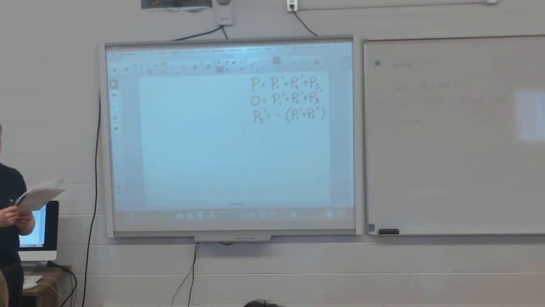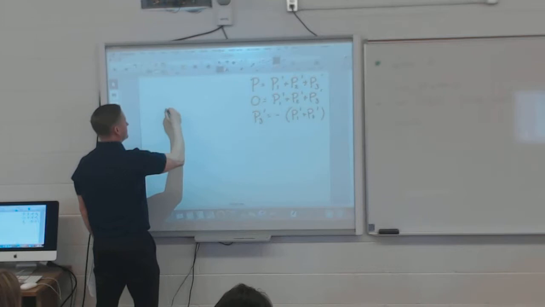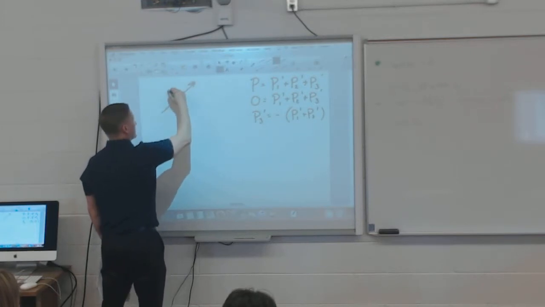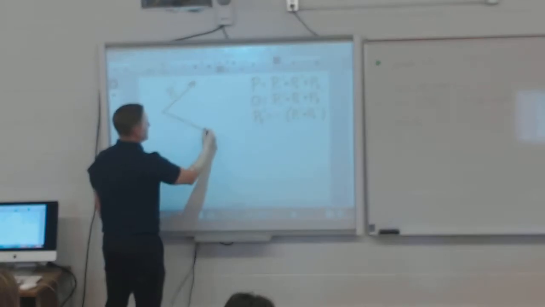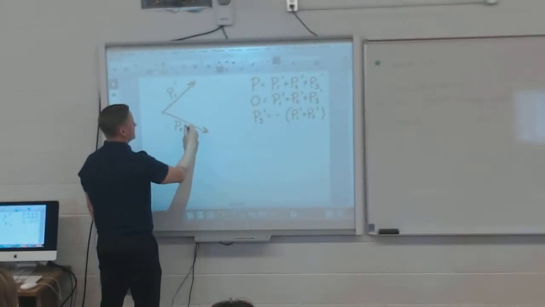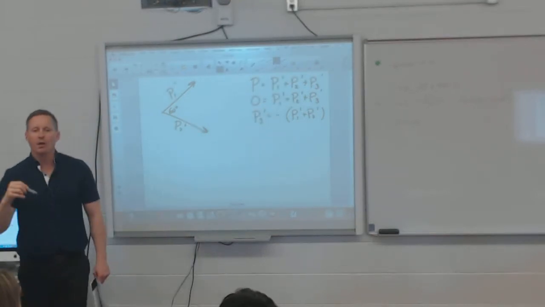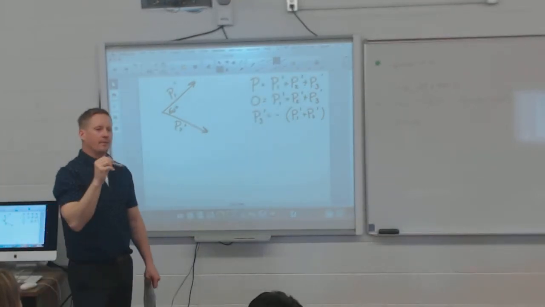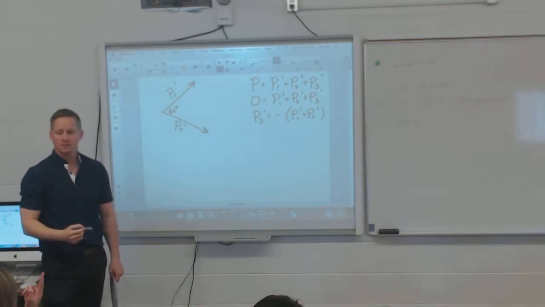Okay, so it says piece 1 flies off. It doesn't matter how I do it, but it flies off in this direction. So this is P1 prime. P2 prime flies off at a 60-degree angle to this. But knowing what you do from that other sled question, what do I need to do here?